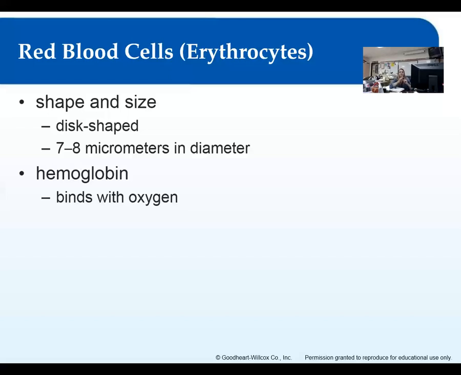So what that means is that one red blood cell, remember you have 4 to 5 million, can actually hold about 1 billion oxygen molecules. It's pretty intense. It's pretty crazy, actually. Anyway, each hemoglobin molecule, again, has 4 binding sites for oxygen, and there's about 250 million hemoglobin molecules on one red blood cell.